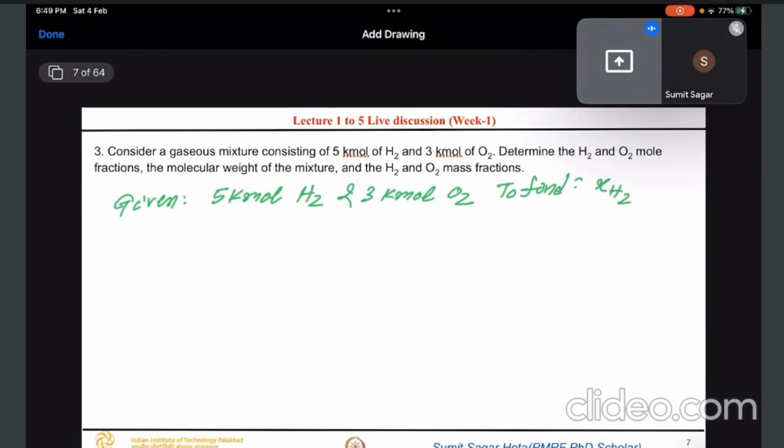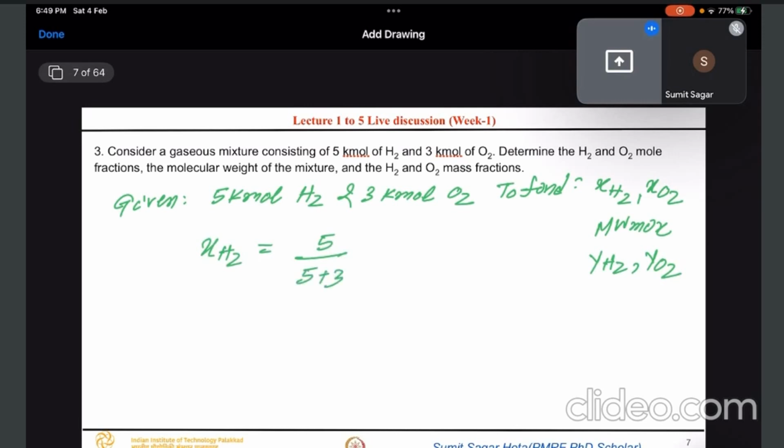We need to find x of H2, x of O2, molecular weight of the mixture, y of H2 and y of O2. Now x of H2 is equal to 5 divided by 5 plus 3. How do I know?